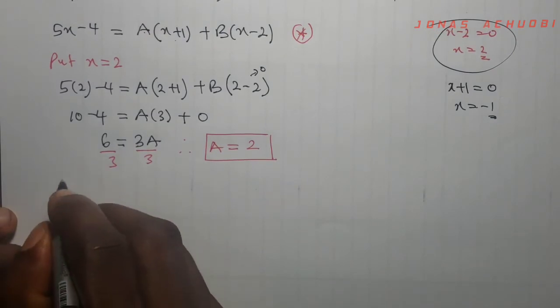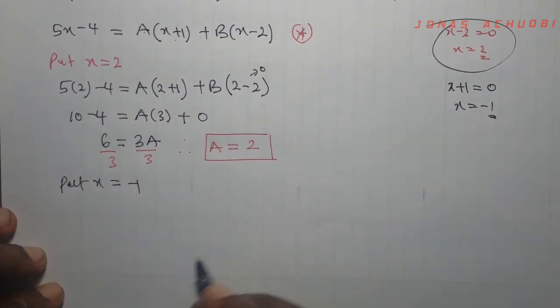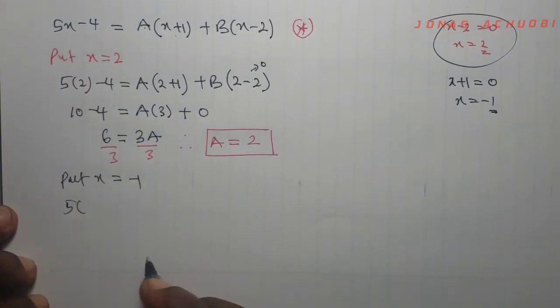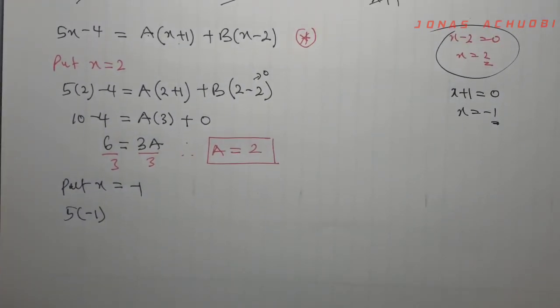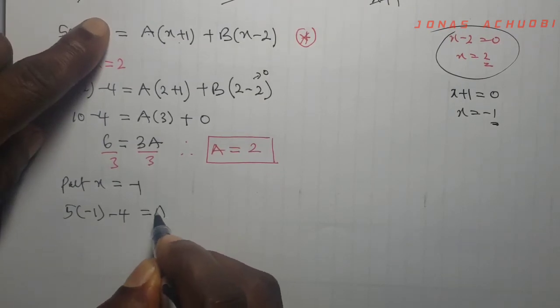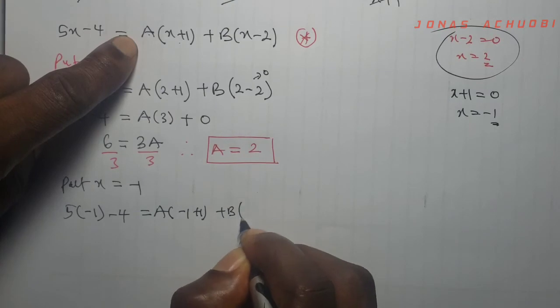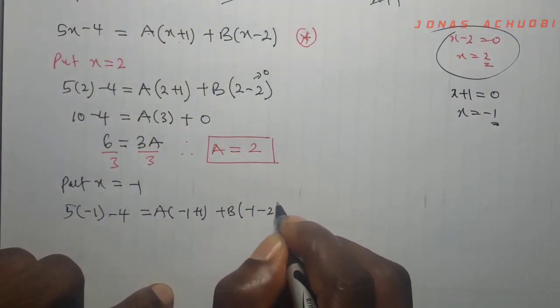So once again, I'm going to put x equal to negative 1. From the left-hand side, I will have 5 into negative 1, minus 4, equal to A into negative 1 plus 1, plus B into x is negative 1 minus 2.